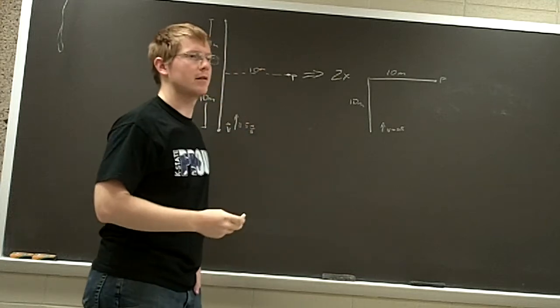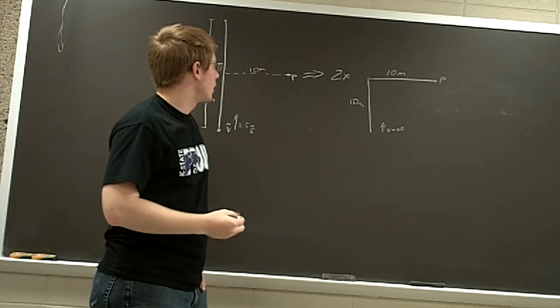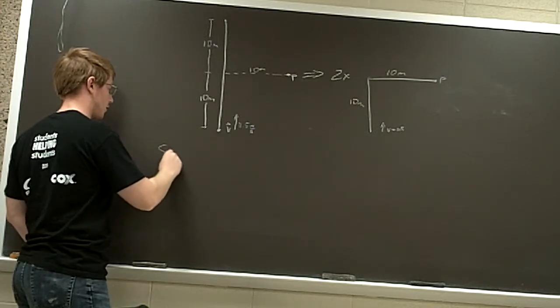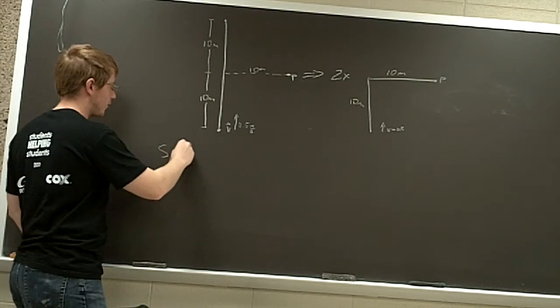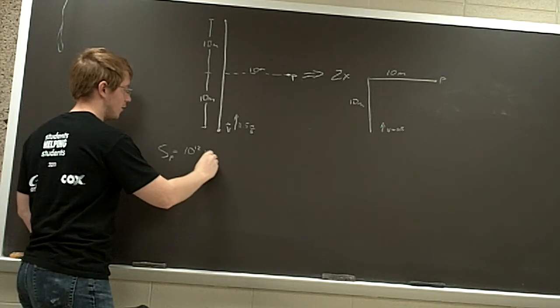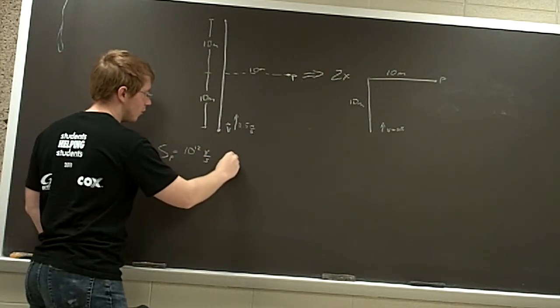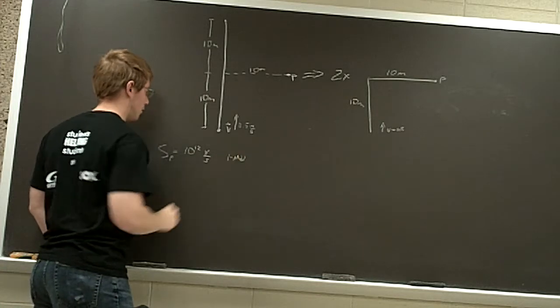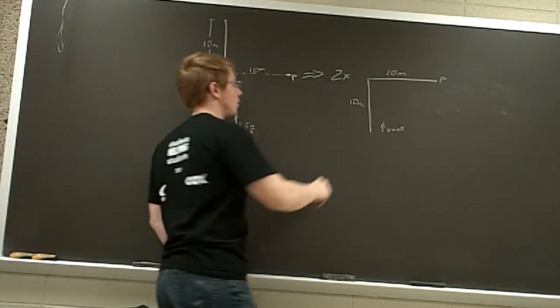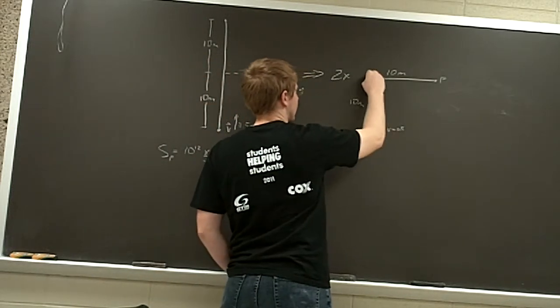Very cool. I approve. Alright, so let's give this point source a strength of 10 to the 12 photons per second, and they are 1 MeV photons. So we need to find the source strength across here.